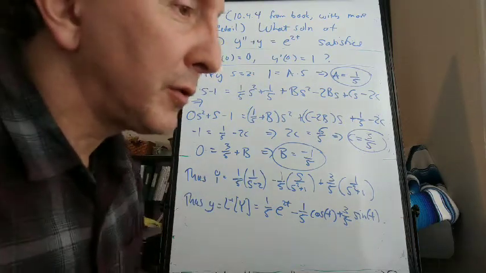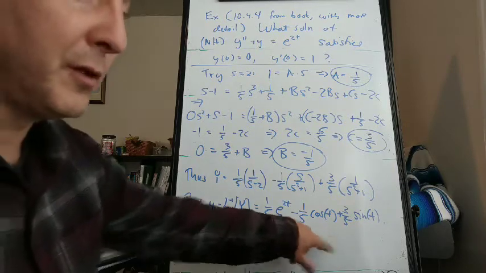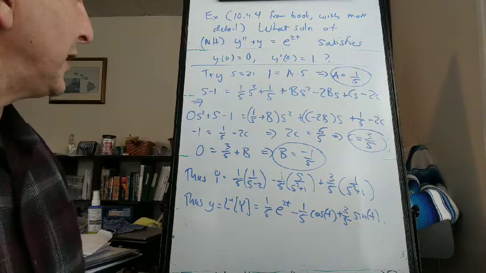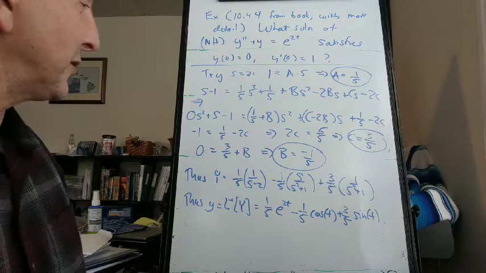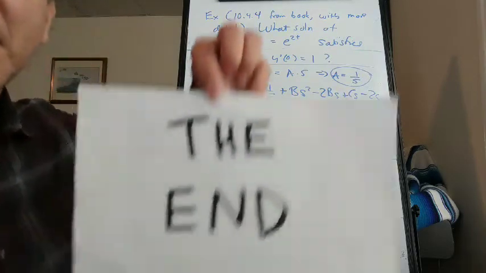Alright, checking my notes. Okay, that makes everything right now. 1/5, minus 1/5, and 3/5. So I guess we have to be careful with those partial fractions and make sure we solve all the equations correctly. The end.